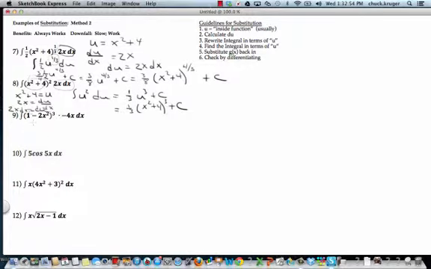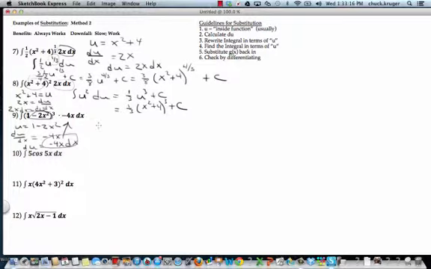Alright, I'm going to do the same thing here. Here's inside my parentheses. u equals 1 minus 2x squared, du dx is equal to negative 4x. du is equal to negative 4x dx, which is what I have right here.